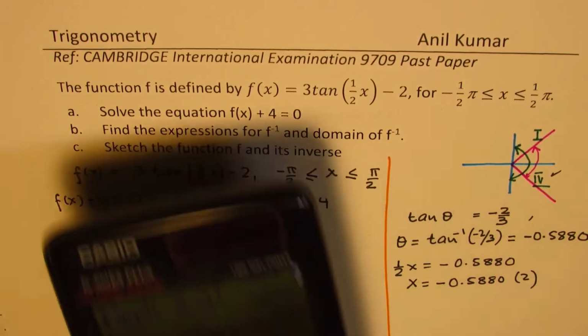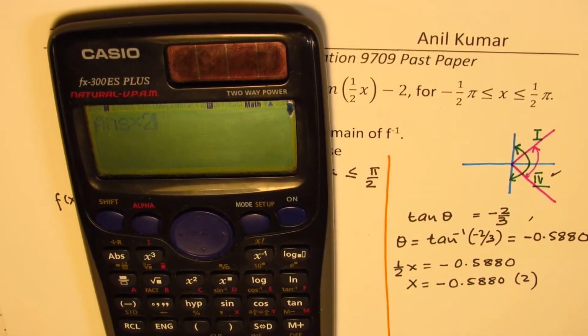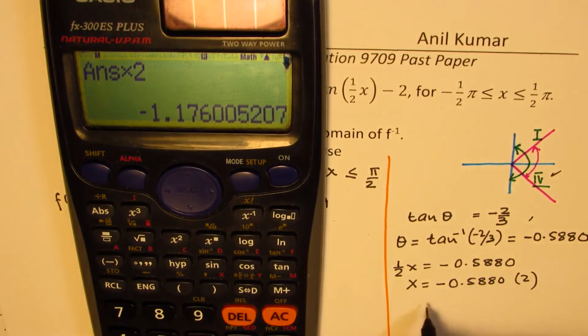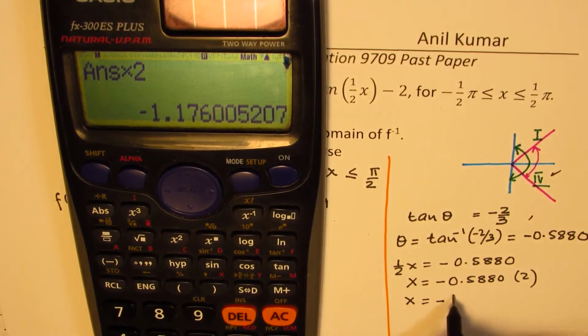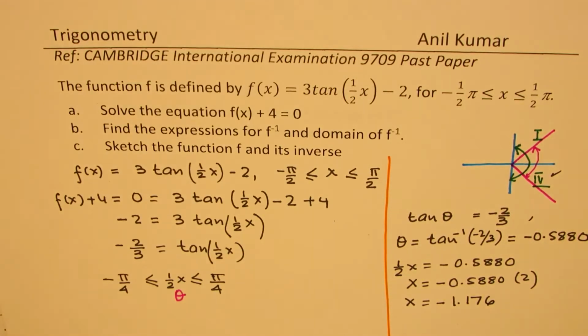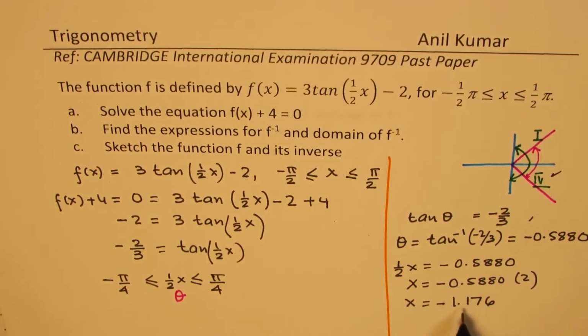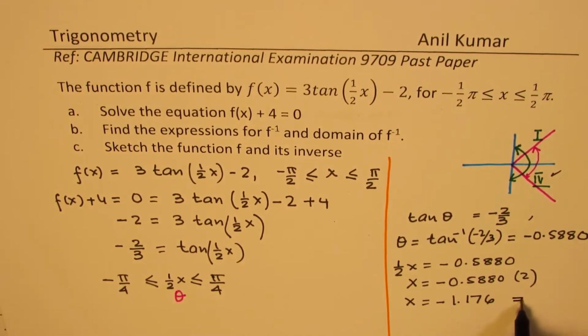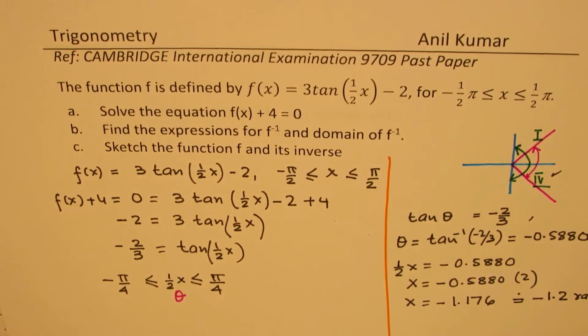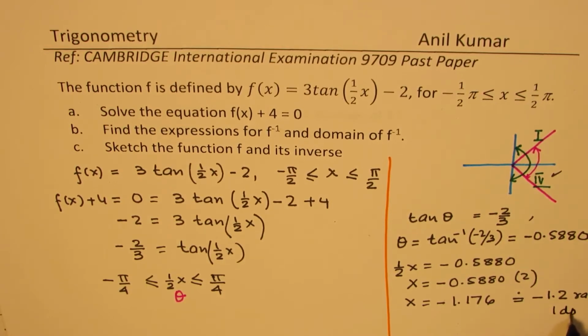We multiply this by 2, which gives minus 1.176. Rounding to one decimal place, we get approximately minus 1.2 radians. That becomes the solution to the given question, rounded to one decimal place.